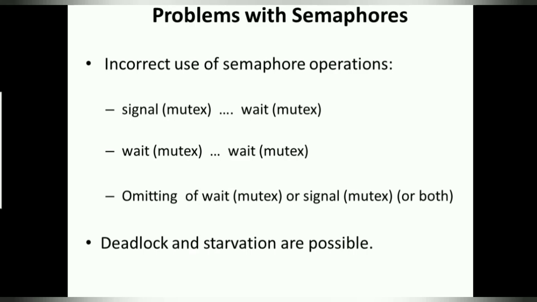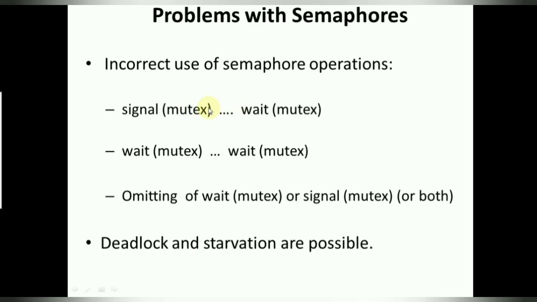That is, the incorrect usage of the semaphore operation. You can see here, there are 3 cases that are defined. What if the semaphore operations of signal and wait are used like in these 3 cases? The first case is, in a usual semaphore, we first run the wait mutex and then we run the signal mutex.